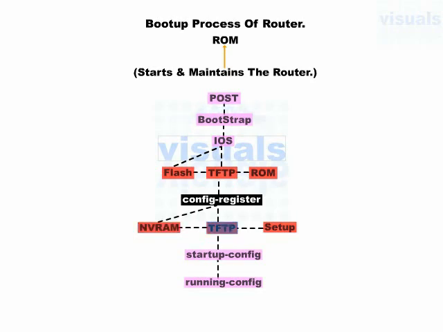If it fails to locate it on the TFTP server, then finally it loads setup mode. Well, the IOS image found the startup config in NVRAM. Startup config is copied into RAM and becomes running config. Here the boot up process of the router completes.